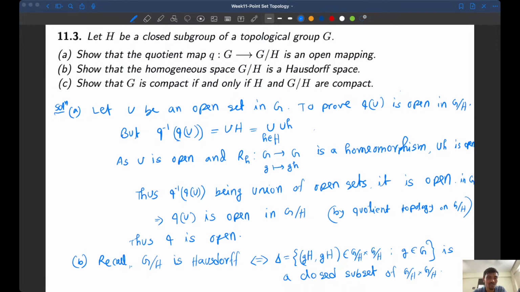You can use the previous thing, that Q is an open mapping. Now can you prove this delta complement is open? Delta complement is a subset of G mod H cross G mod H. Does that at least give any hint of what map you should consider?